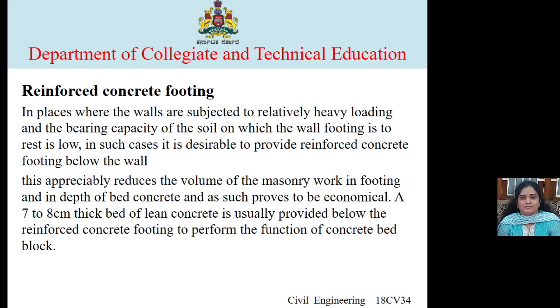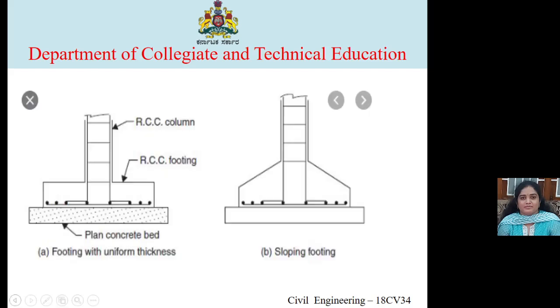So this is how it looks. This is a footing with uniform thickness. You can see here the concrete bed, lean concrete, 1:3:6 or 1:4:8, most of the time 1:4:8 is used. So this is the RCC footing with uniform thickness here. The thickness is the same, and it's the RCC column. Here it is a sloped one.